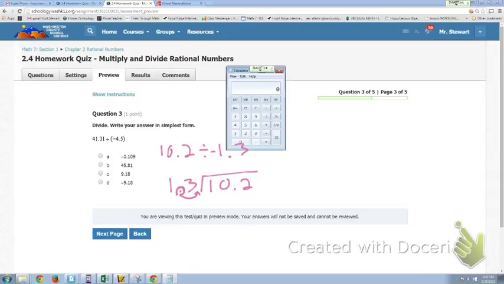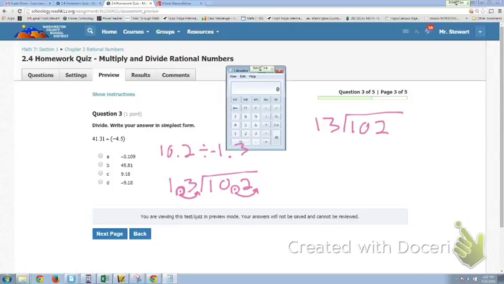But if you move a decimal, you have to move the other decimals inward as well. So really, I'm going to set this back up over here. It's going to be 13 into 102. Or in other words, 10.2 divided by 1.3 is the same answer as 102 divided by 13.